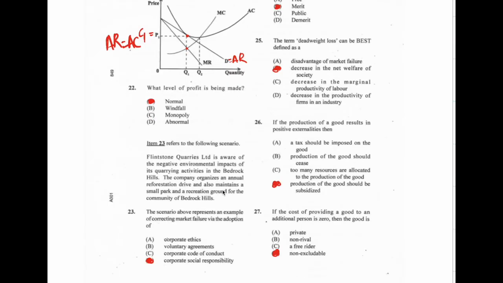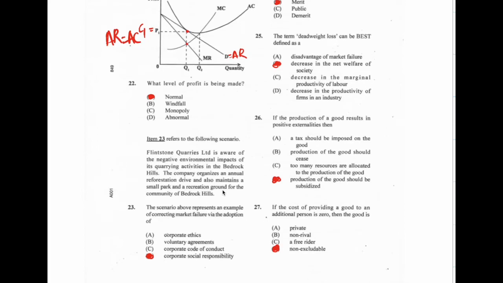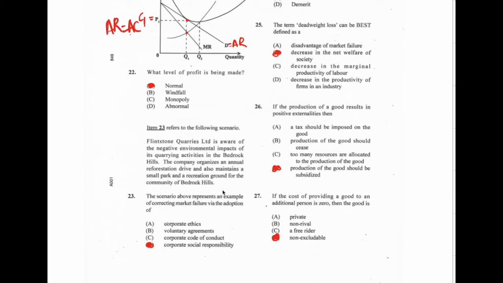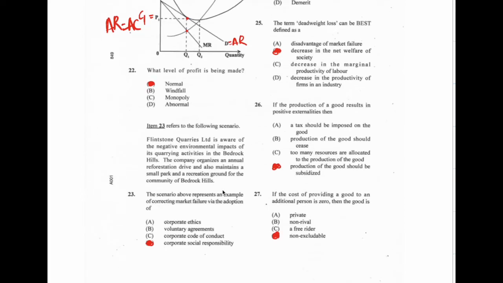23 says the Flintstone Quarry Limited is aware of the negative environmental impacts of its quarry activities in the Bedrock Hills. The company organizes an annual reforestation drive and also maintains a small park and recreation grounds for the community of Bedrock Hills. The scenario above represents an example of correcting market failure via the adoption of D, corporate social responsibility.